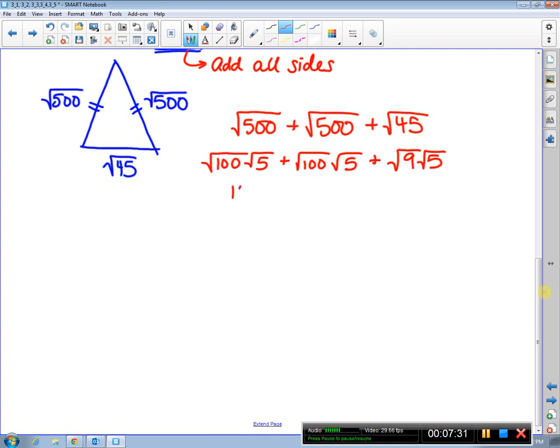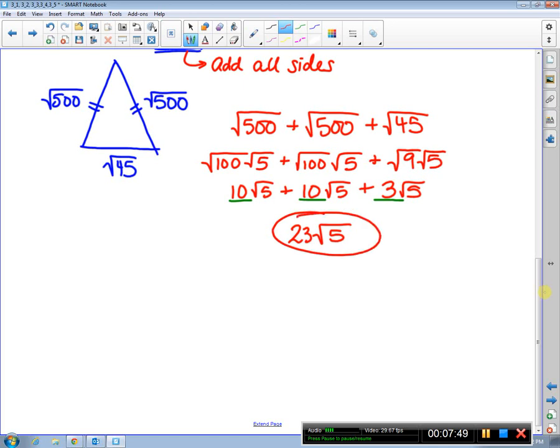So this works out quite nicely. 10 square root of 5 plus 10 square root of 5 plus 3 square root of 5 is how many square roots of 5? So just look, 10, 10, and 3 is 23 square root of 5. Okay. Next page.